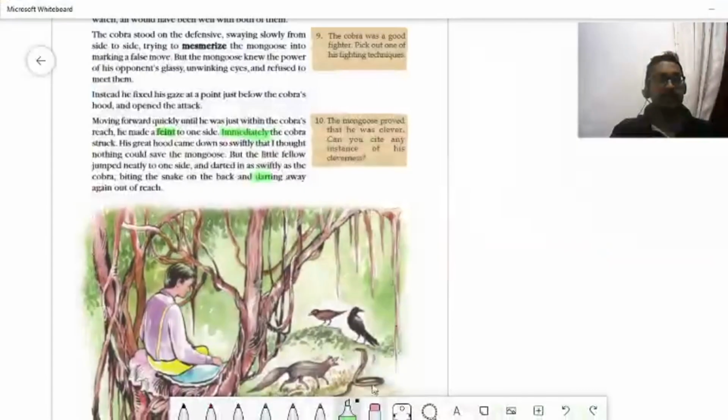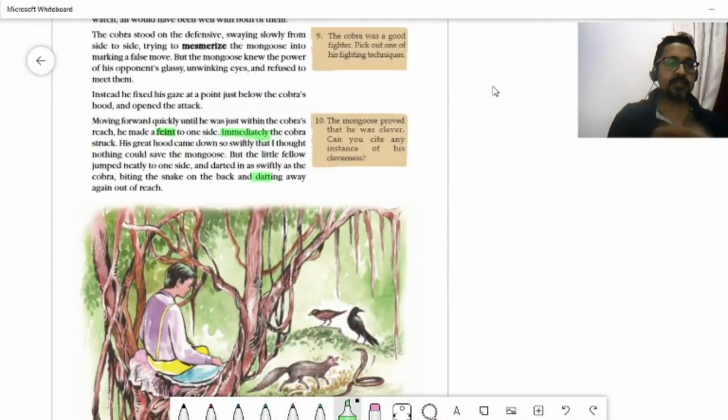So look here. Feint. What's the meaning of the word feint? To make a false move, to make a move so as to deceive the opponent.